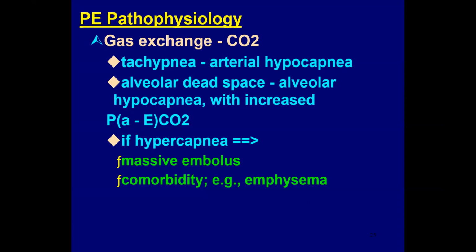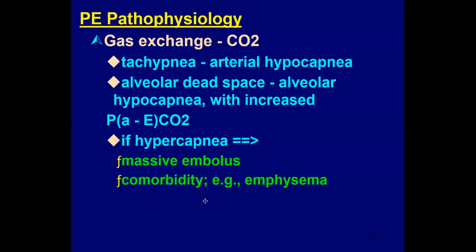Sometimes a very large one is called a saddle embolus. Okay, the effects on gas exchange. First, carbon dioxide. With pulmonary embolus, we get tachypnea, and the tachypnea causes arterial hypocapnia. With the alveolar dead space, we get alveolar hypocapnia and an increase in the alveolar to exhaled carbon dioxide difference.